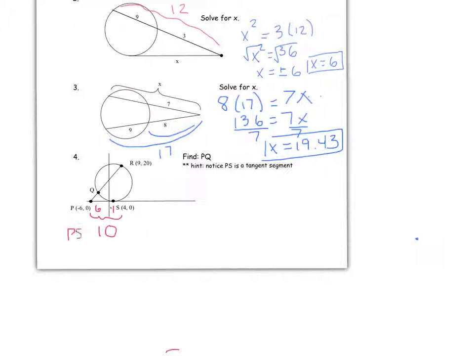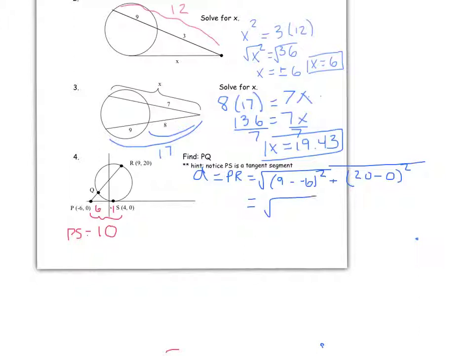So PS equals 10. Now for PR, we'd like to know that distance as well. We're going to have to use the distance formula. So remember that the distance formula says we take a giant square root and we subtract the x-coordinates, so 9 minus negative 6 squared, plus we subtract the y-coordinates, 20 minus 0 squared.